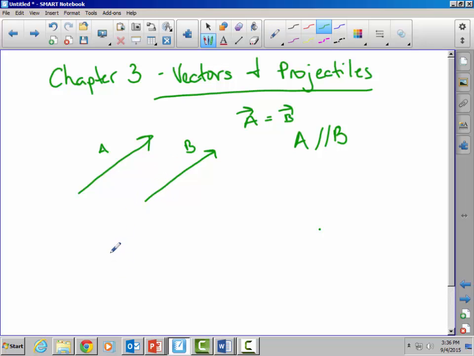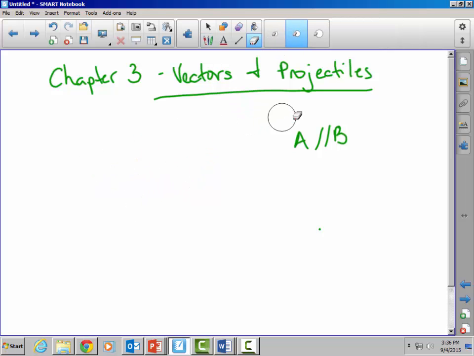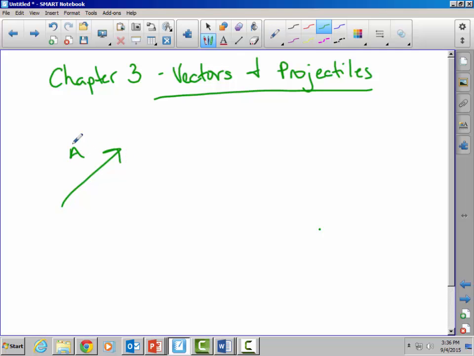So if I want to do A plus B, so let's say now I have A and this is my B. A plus B, when I add vectors together, remember that we always add them head to tail. You can move vectors parallel to their original starting spot as long as they are parallel.